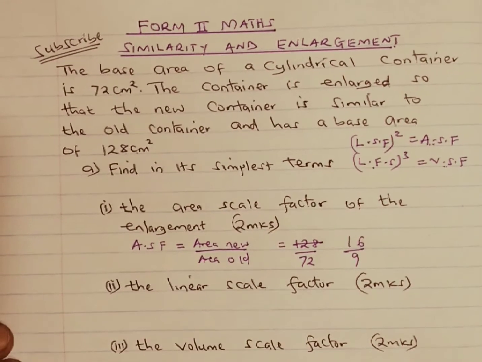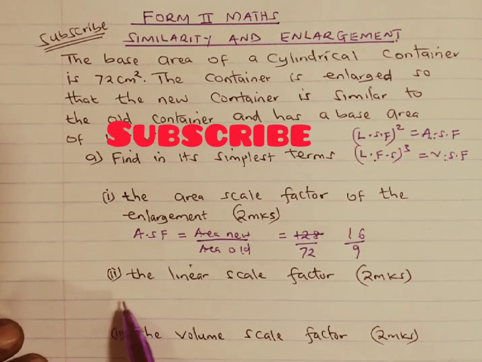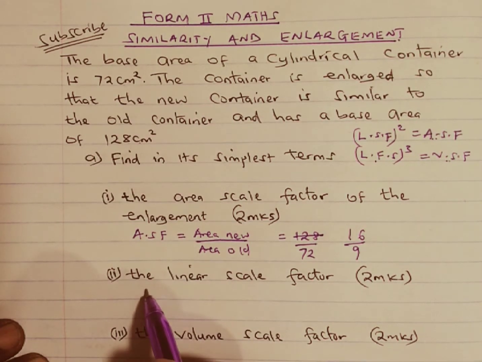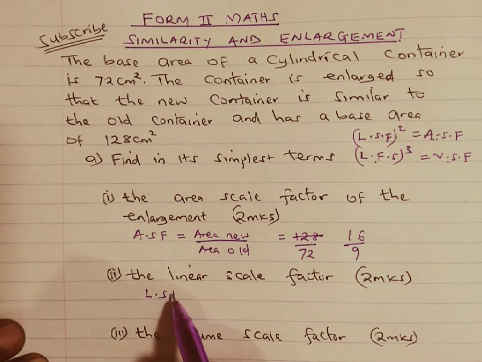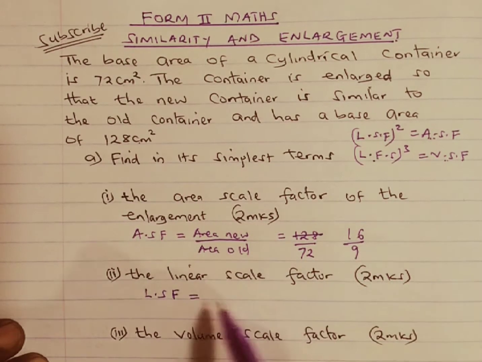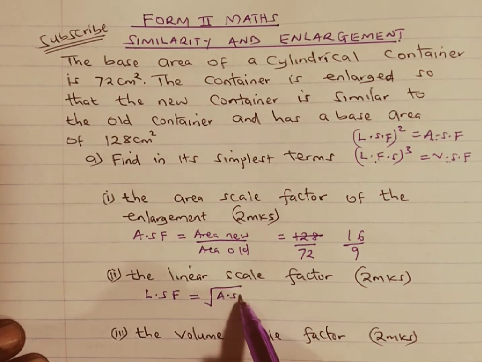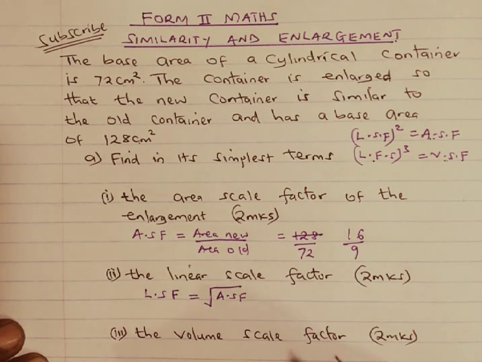Roman 2, we are supposed to find the linear scale factor, and we know to get the linear scale factor, given the area scale factor, you simply take the square root of the area scale factor for us to get the linear scale factor.